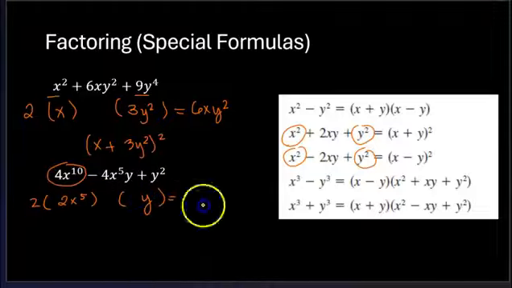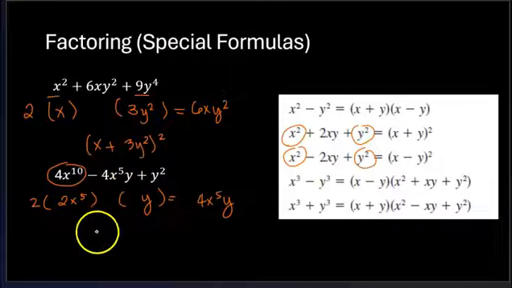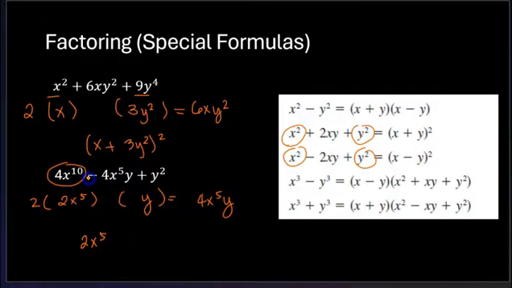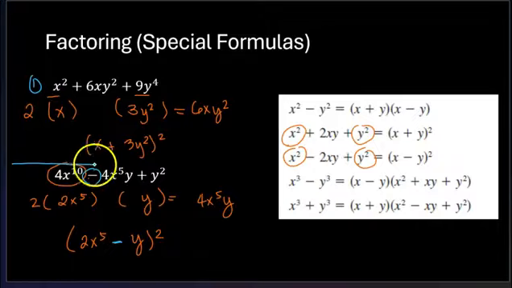The product should be equivalent to this value. If that's the case, that means your factor, I'll just follow the sign, then that would be the factor of the second problem.